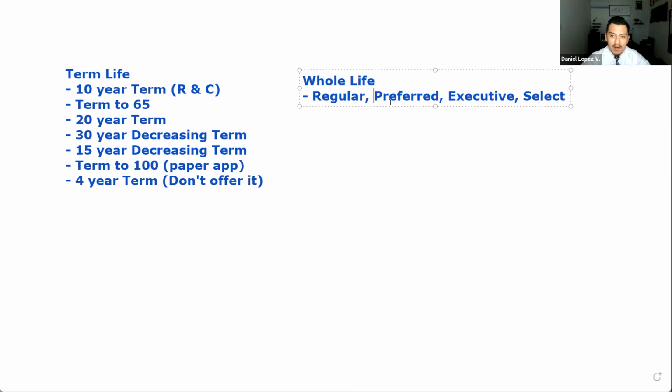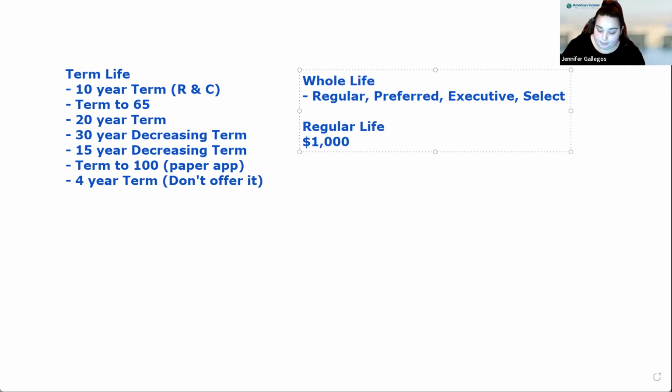Now let's figure out how they work, which is something I think you went over with Bill already. So first we have the regular whole life. That one is any plan. That's just different types of brackets. That falls with any plan that you offer between $1,000 of coverage all the way to $34,999.